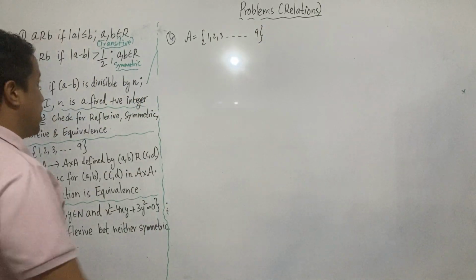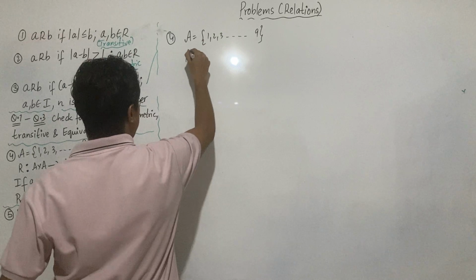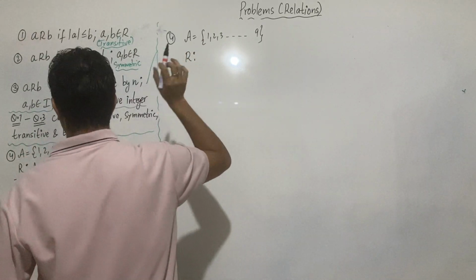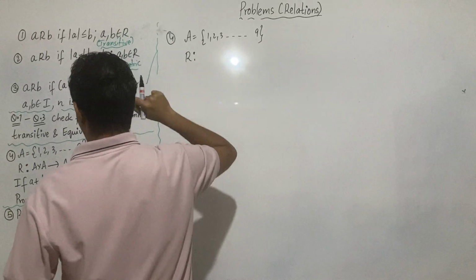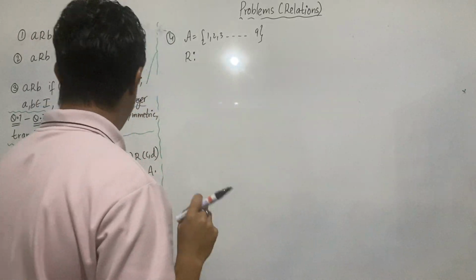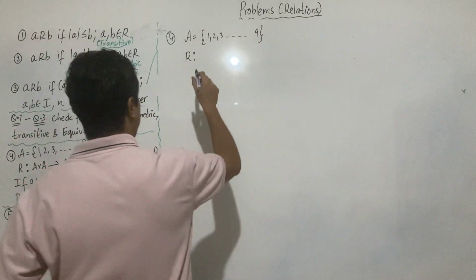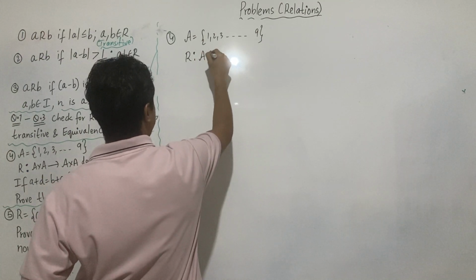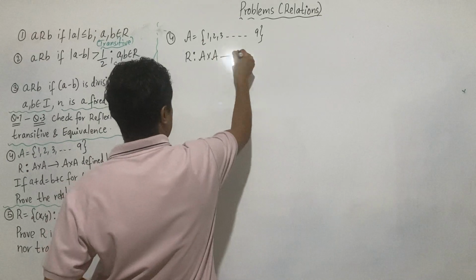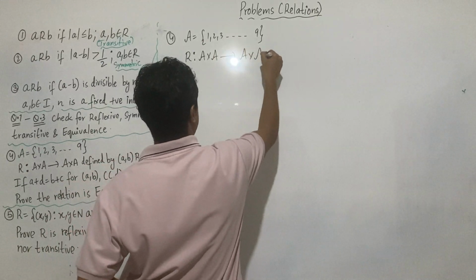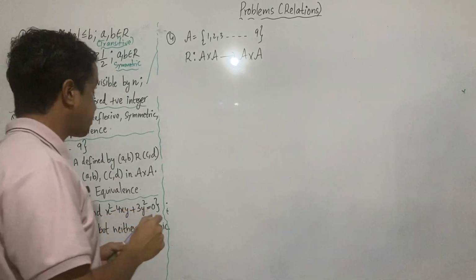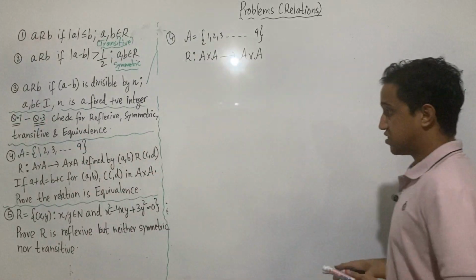And you are given a relation R that is defined on the Cartesian product A, so it is defined from A cross A to A cross A, right?